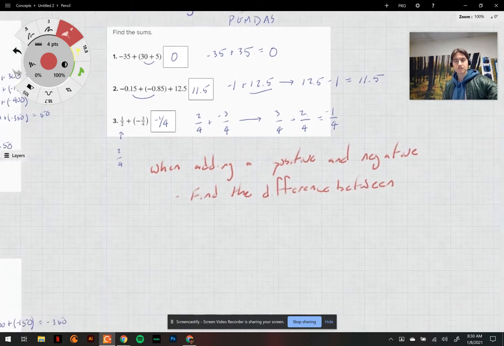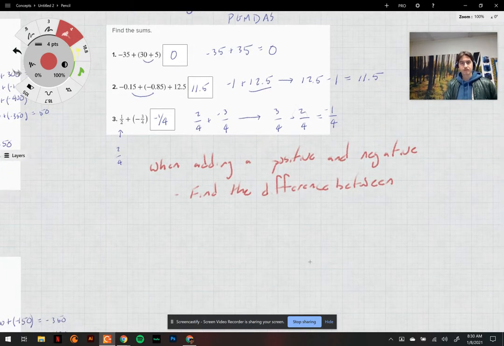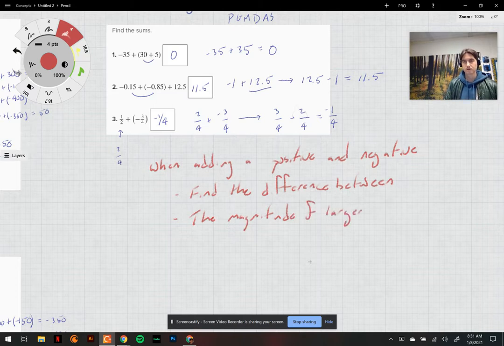And once you find that answer, the answer is going to be positive or negative. Sorry, the magnitude of the larger number determines the sign.